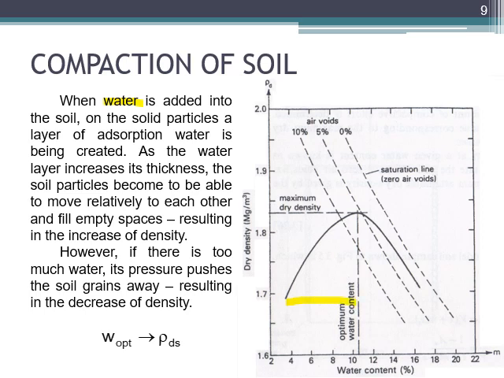But if there is too much water, then the pressure of the water is pushing the soil grains away, resulting in the decrease of the density. So here it is the action of the pressure pushing the grains apart. That's why we observe the decrease of the dry density. This refers only to the soils which are not self-draining soils.